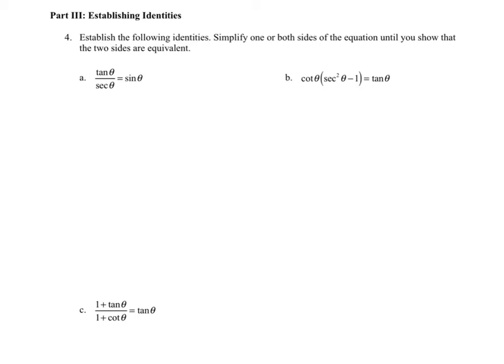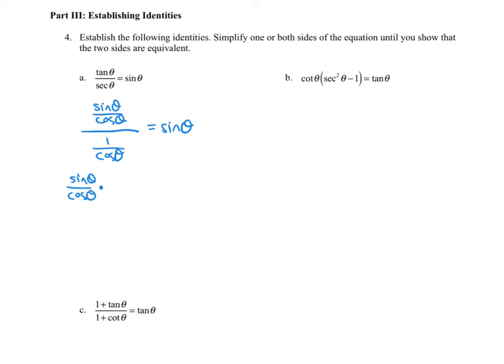I'm going to take the tangent theta over secant theta and use my quotients. Tangent is the same as sine over cosine, so this is sine theta over cosine theta, over secant, which is 1 over cosine theta, and I want to show that it's sine theta, so I'm going to keep going until I show that. I can rewrite this as sine theta over cosine theta times the reciprocal.